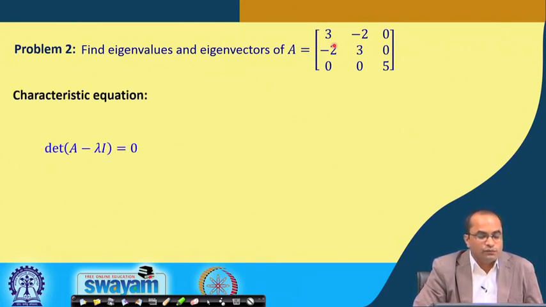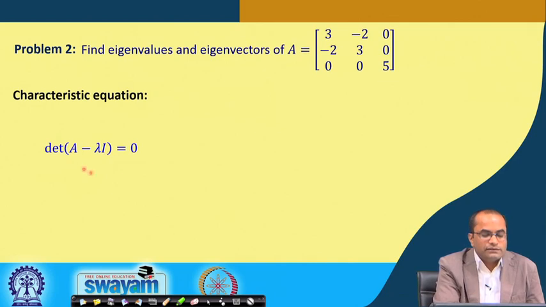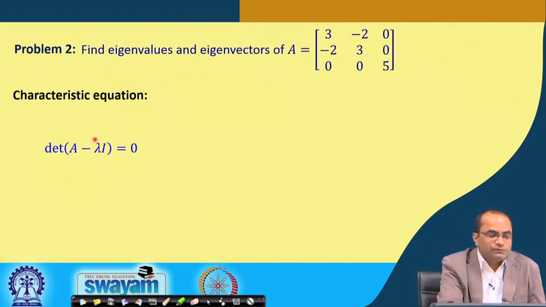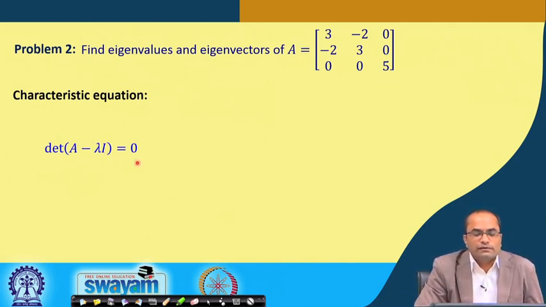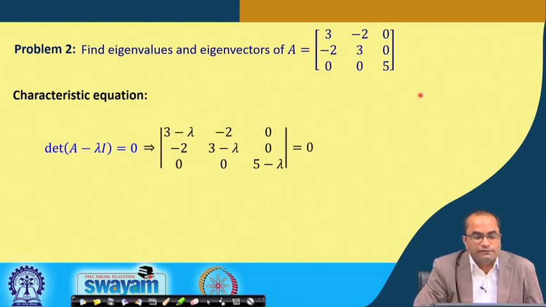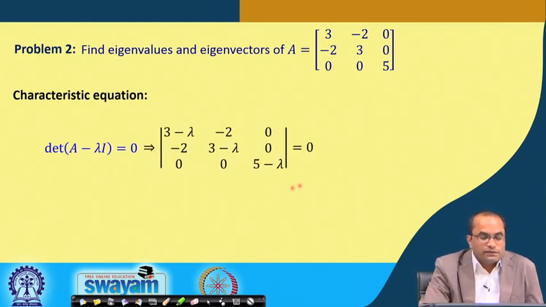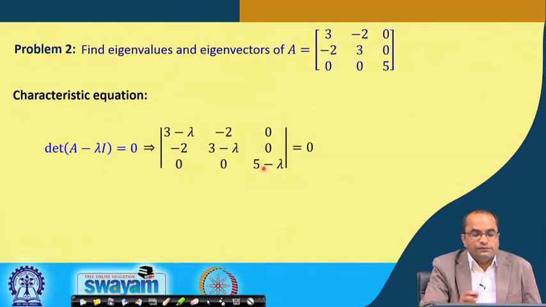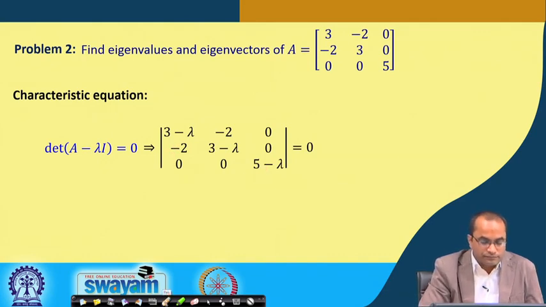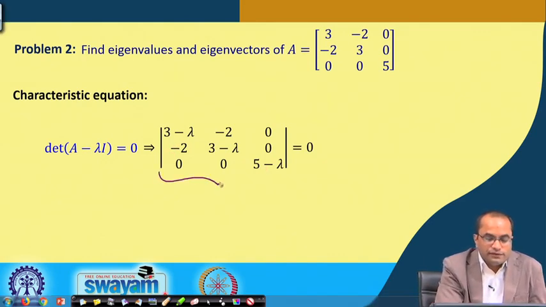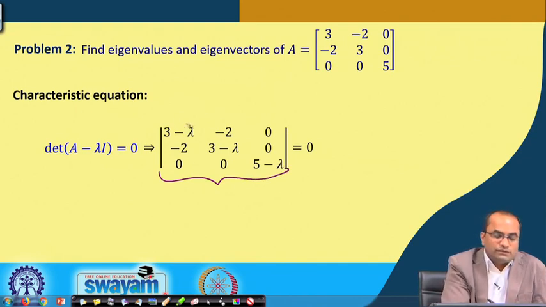The characteristic equation will be the determinant of A minus lambda I. So, we have to subtract lambda from all the diagonal entries, which are 3, 3 and 5. That is the characteristic equation of this matrix, and then we have to evaluate this determinant, which is not so difficult.